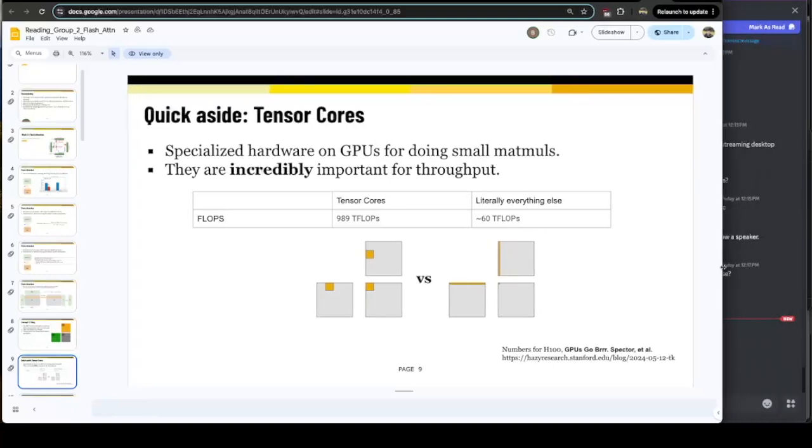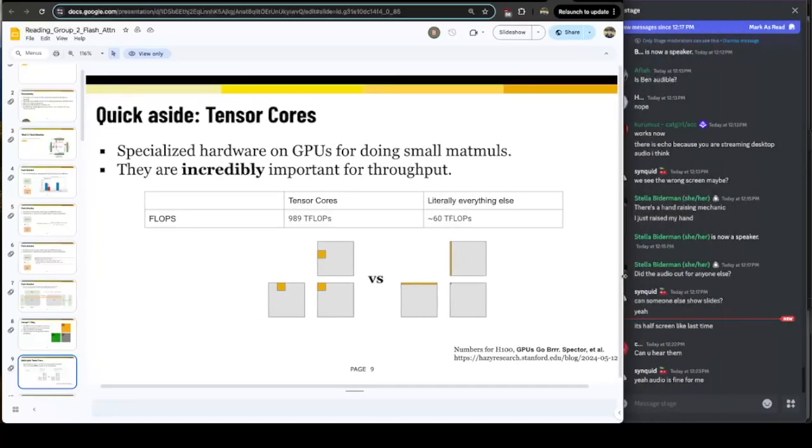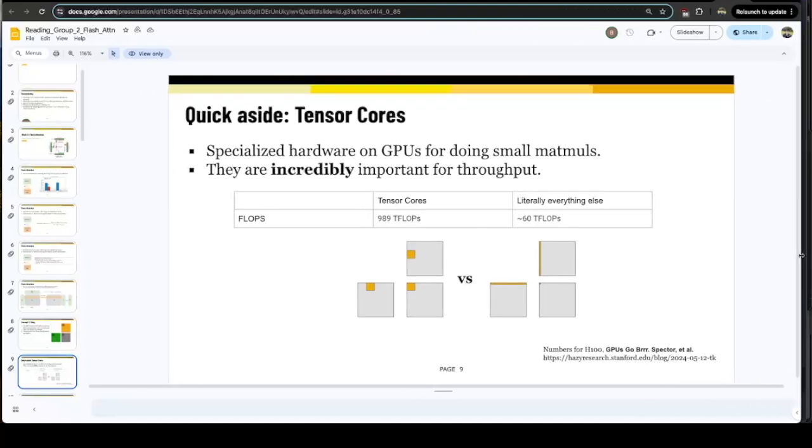So let's talk a little bit more about tensor cores, because in my mind, tensor cores are at the heart of tiling. And these are very specialized hardware, and they are incredibly important for throughput. If you look at the flops here, these are numbers for an H100, basically all your actual flops are coming from tensor cores.